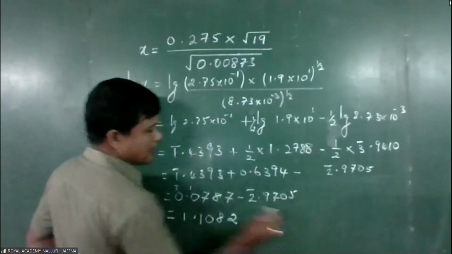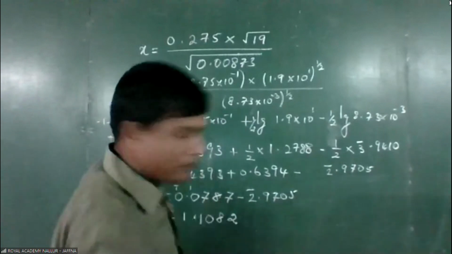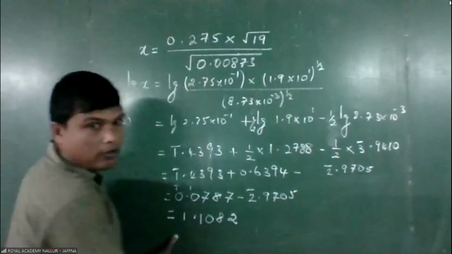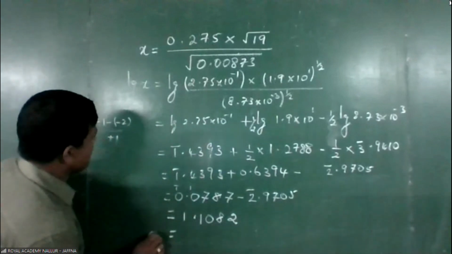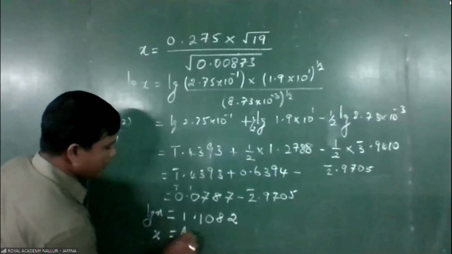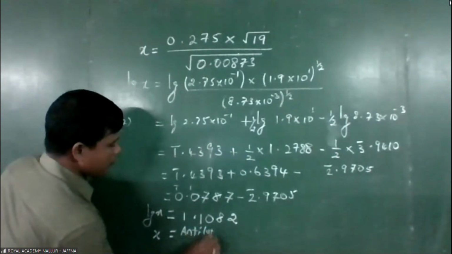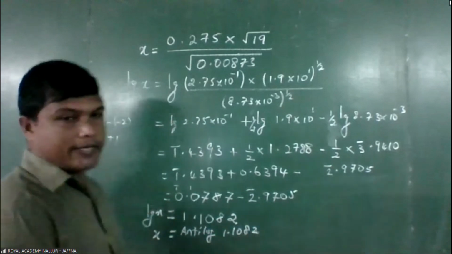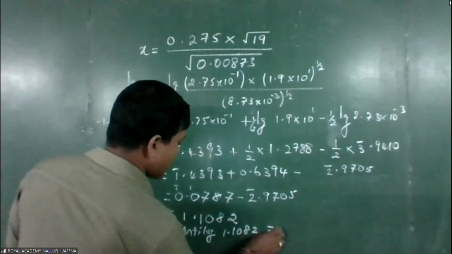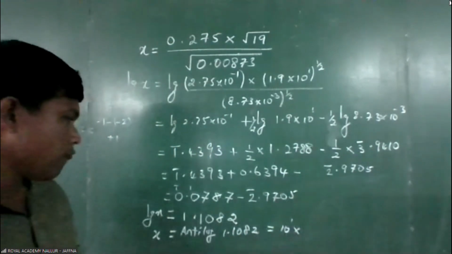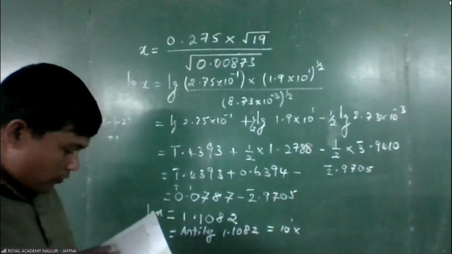Therefore, now still it is log x. Shall I write some? Right? This one log x. So x will be equal to the anti-log of 1.1082. Finally, you answer. This one becomes 10 to the power 1 into anti-logarithm of 1082.